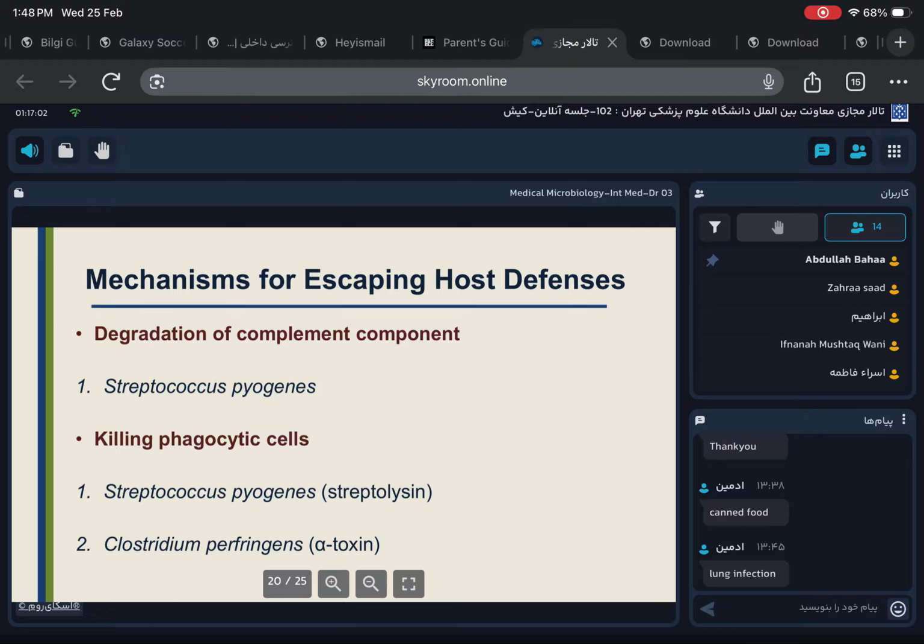And we have some bacteria which are able to kill phagocytic cells. You already know the examples. Clostridium perfringens produces alpha toxin, and alpha toxin is responsible for killing the cell. Also Streptococcus pyogenes, a gram-positive bacterium, produces streptolysin, which again kills the cell.